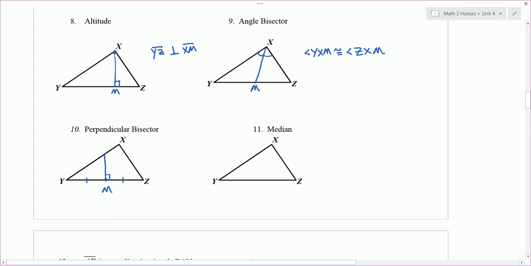Notice this one does not go through X, unless it was an isosceles triangle. So in this picture we have that YM is congruent to MZ, because M is the midpoint, and we also have that YZ and MN are perpendicular.